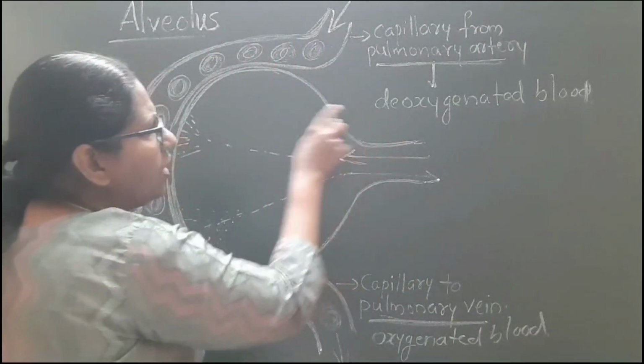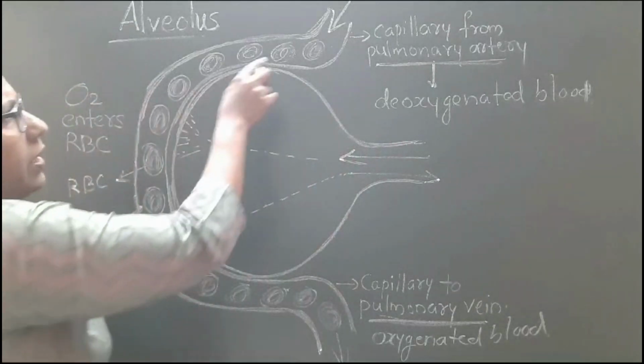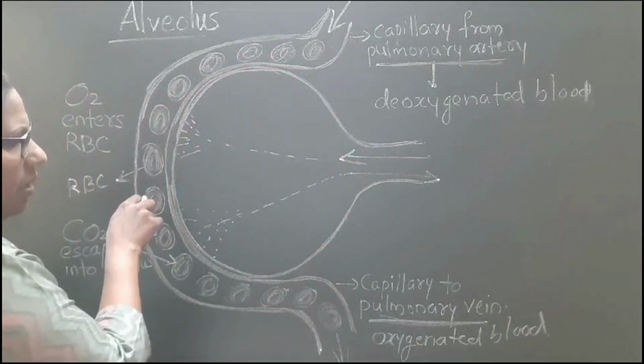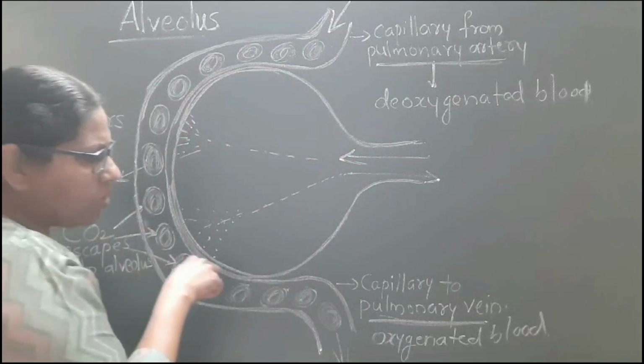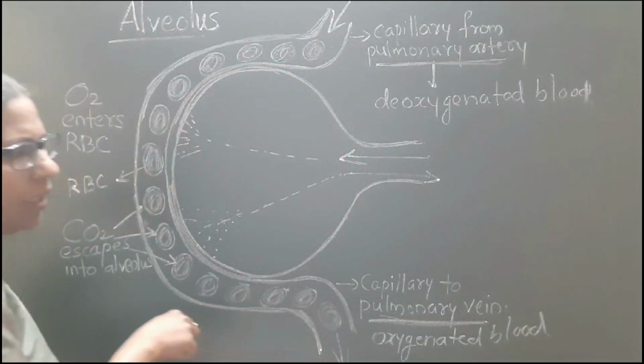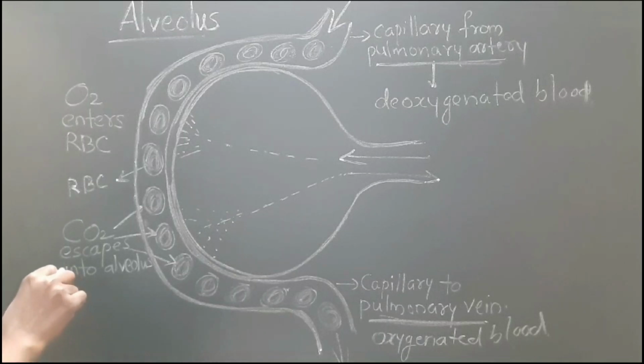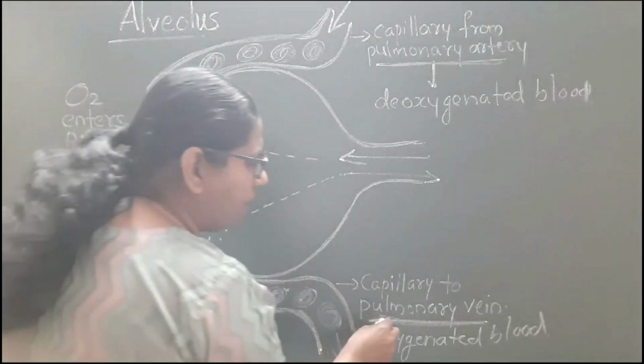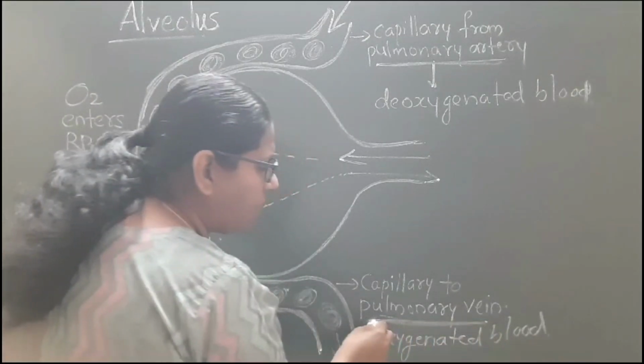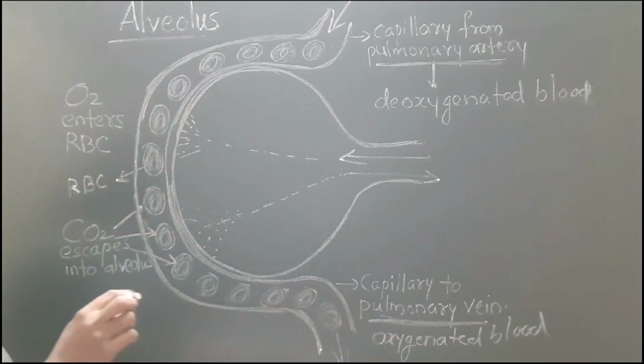Now this is the capillary, not the artery. This blood is deoxygenated, and it becomes oxygenated and goes to the pulmonary vein. All the veins carry deoxygenated blood except the pulmonary vein. That means the pulmonary vein carries oxygenated blood.